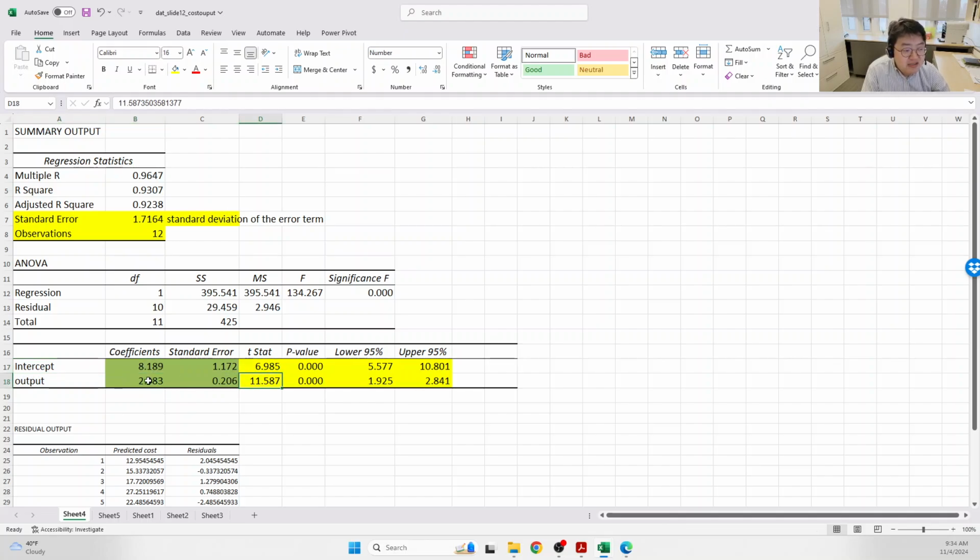And 11 is the standardized difference between the estimated marginal cost and 0, right? And those t-statistics are extremely large, and the p-values are very close to 0. You have to have a lot of zeros, 0.004%. That is the p-value.